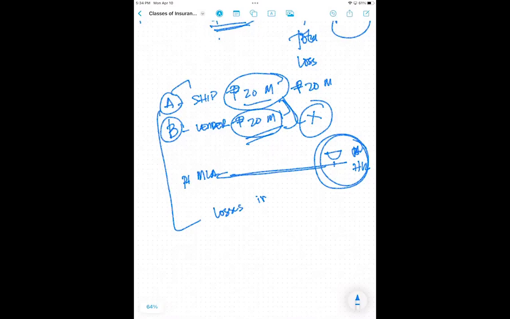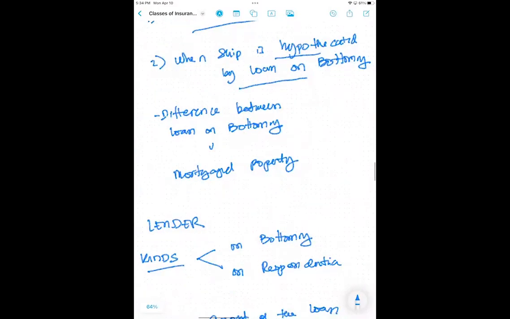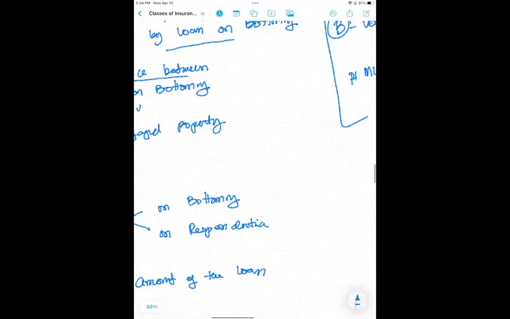Okay? Now, related to this, I made here a note. We need to differentiate loan on Bottomry versus mortgage property or interest or insurance on mortgage property. So let's say, for example, A owns a house, okay? And this house is mortgaged to B, the bank.